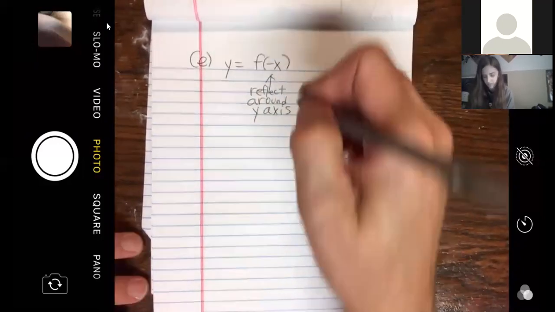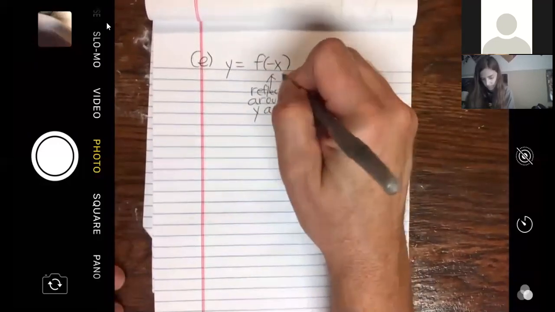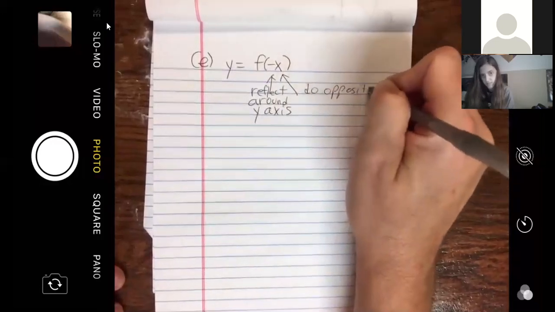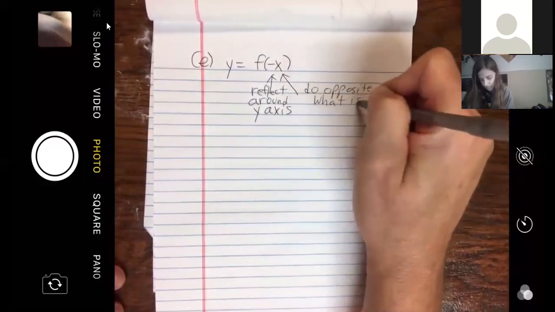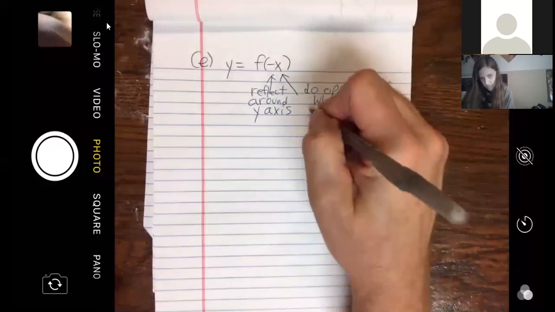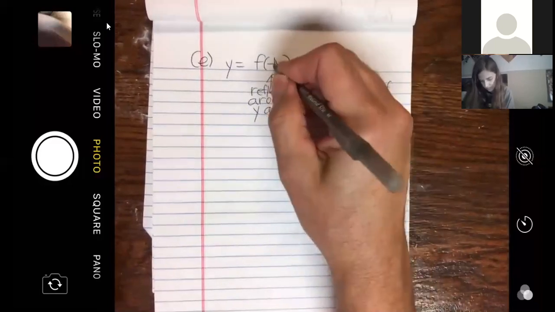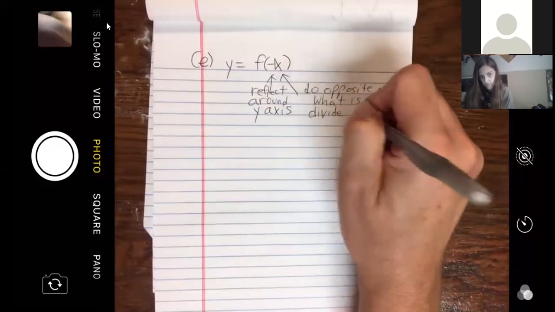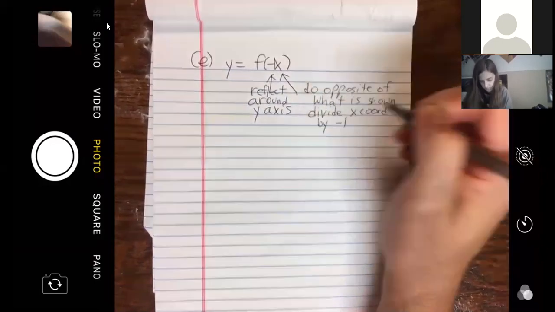I can also show, if you can't remember that, you do the opposite of what's shown. So really you can get this by dividing. It's showing multiplying the x by negative 1. You can really divide your x coordinate by negative 1.